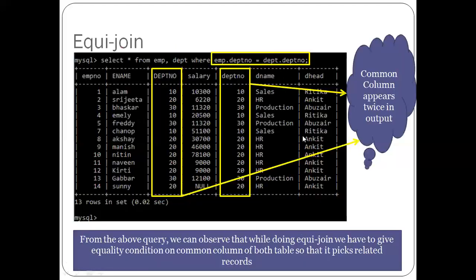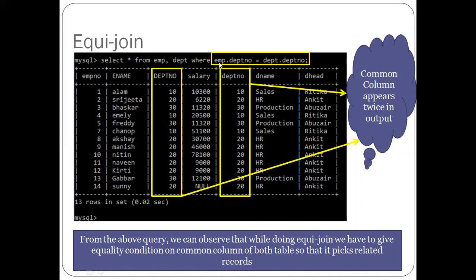See here, I'm doing an equijoin. SELECT *. What is the use of the asterisk? All the records are selected from the employee table and department table, and you can apply a WHERE clause here: WHERE EMP dot, what is EMP? From this table, EMP dot department number, from the first table.